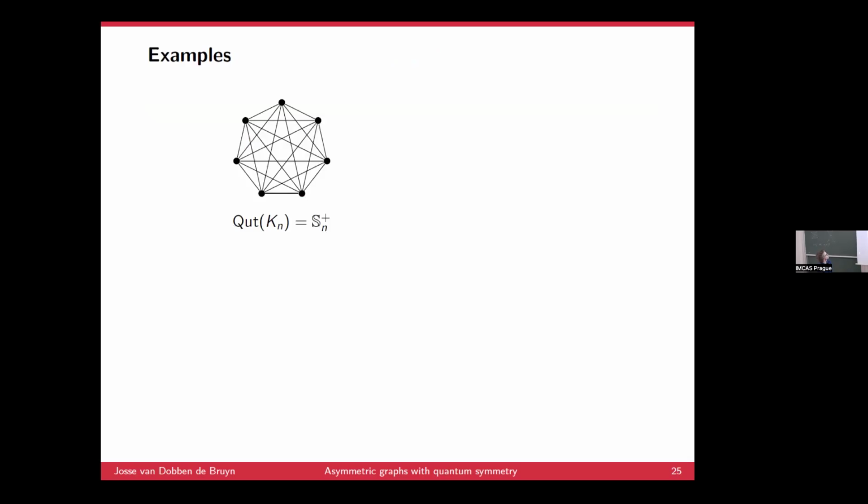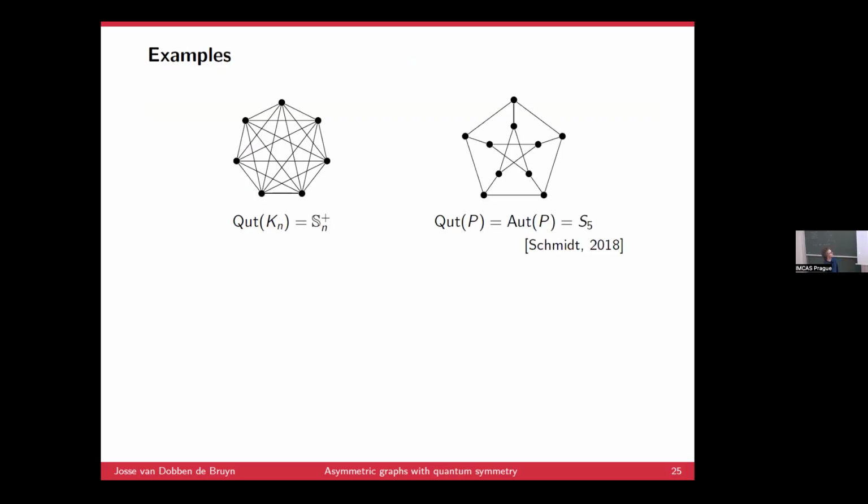For example, if we take the complete graph with all vertices black, so all the same color, then the quantum automorphism group is just the free symmetric group. If we take the Petersen graph, the graph theorist's favorite, then Simon Schmidt showed that its quantum automorphism group is classical. Okay, colored graph.